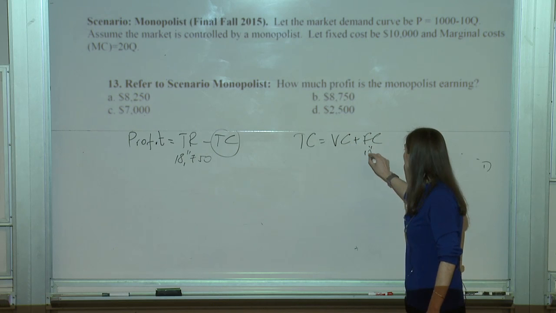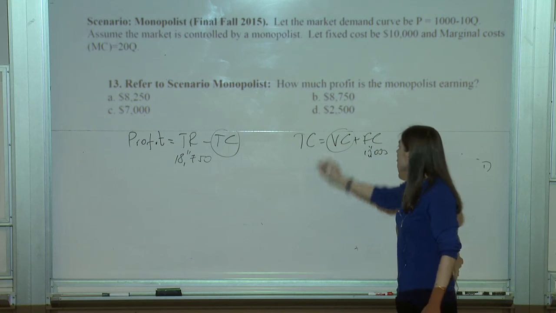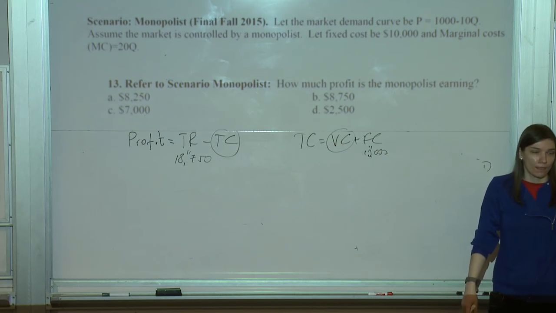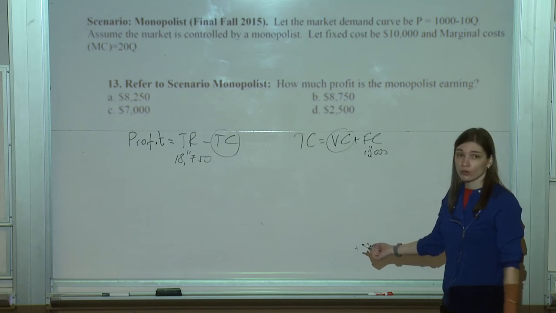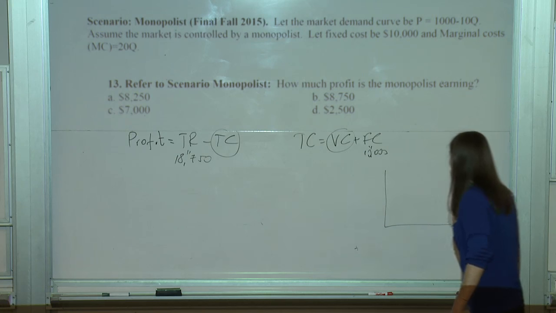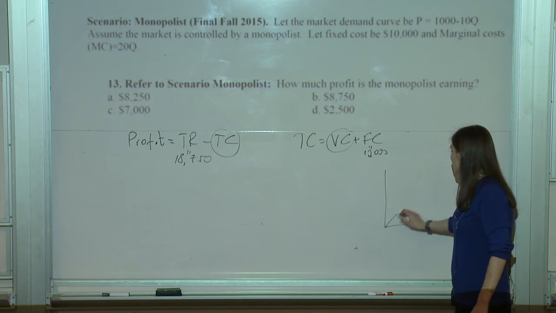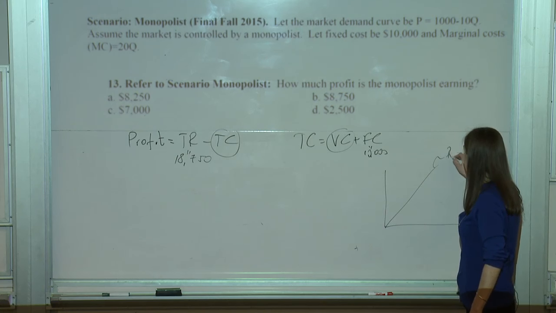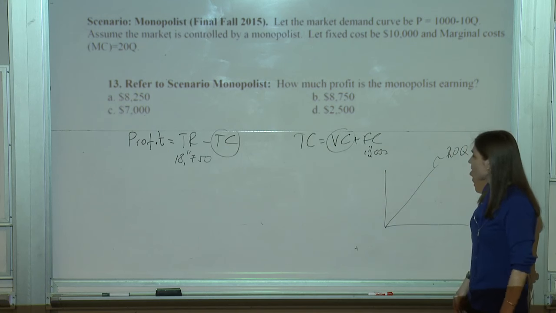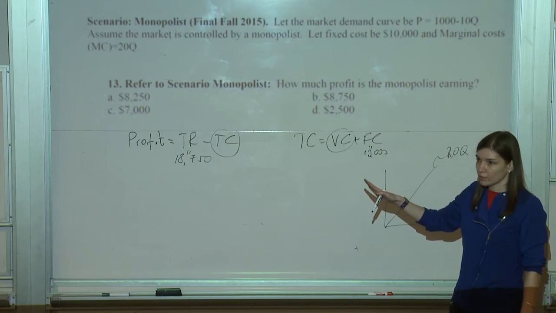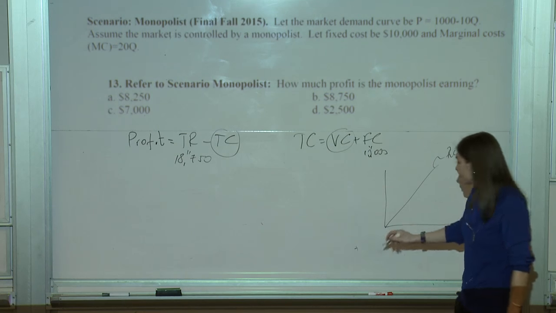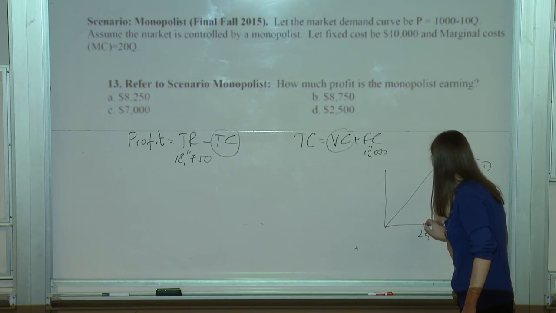Now I need to find variable cost. I don't have variable cost given, but I do have the marginal cost curve. The marginal cost is 20Q. That's its formula. And the quantity that optimizes profit that this firm is going to operate at, I found out first. That was 25. So it's somewhere here.